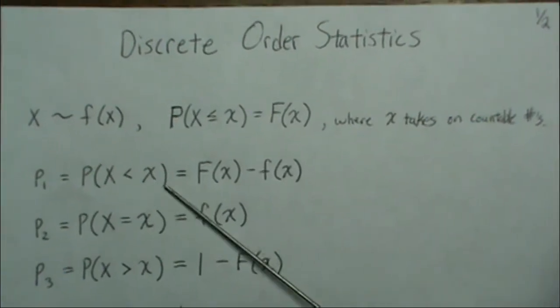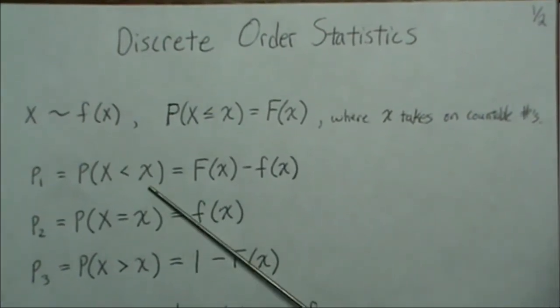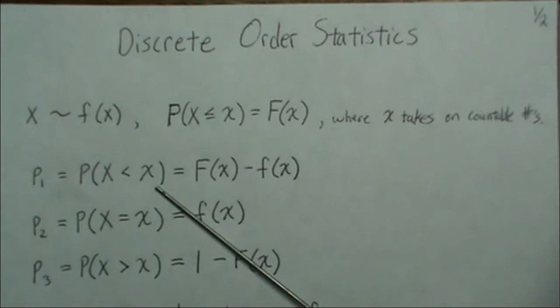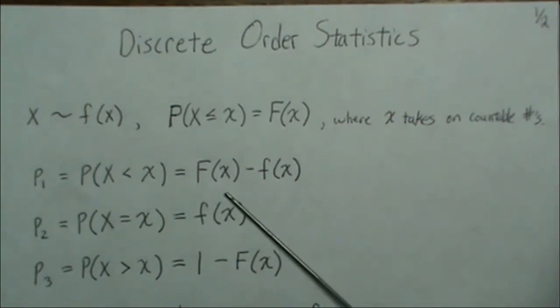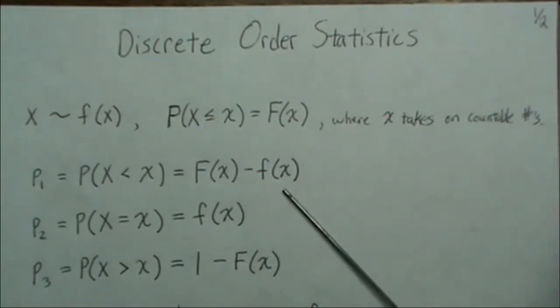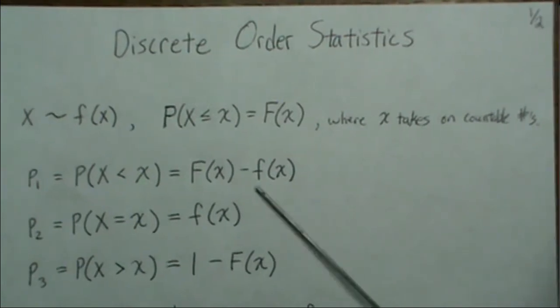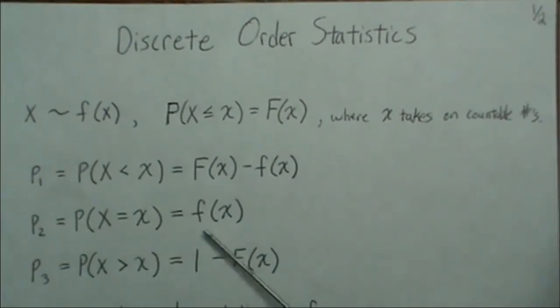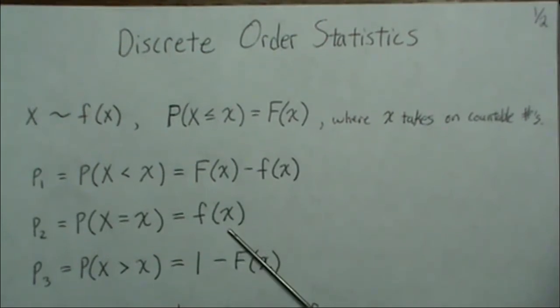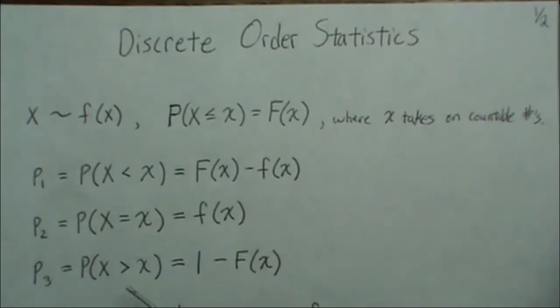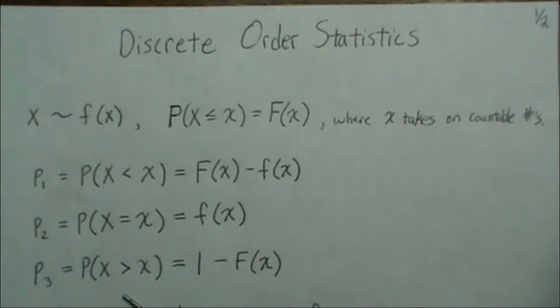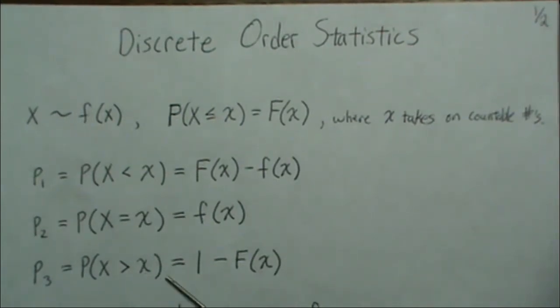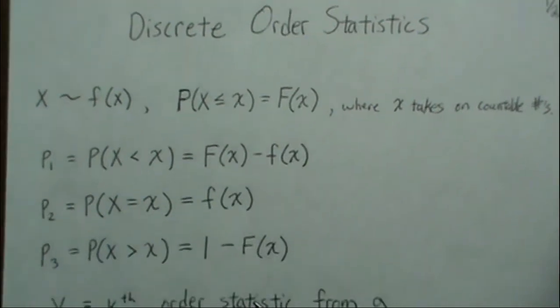P1 is the probability of being strictly less than a value, and that is the CDF minus the density by definition. P2 is the probability that X is equal to a specific value, that's plugging the value into the density function. And P3 is the probability that we are strictly greater than X, which is 1 minus the CDF, or cap F. Okay?